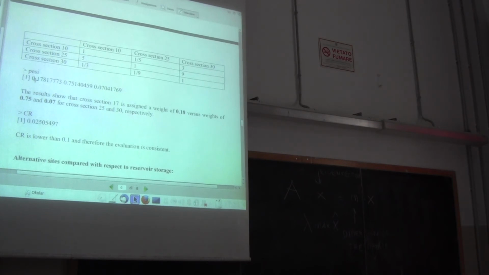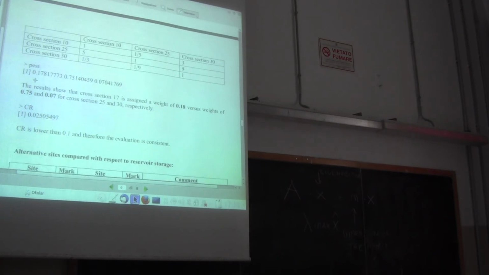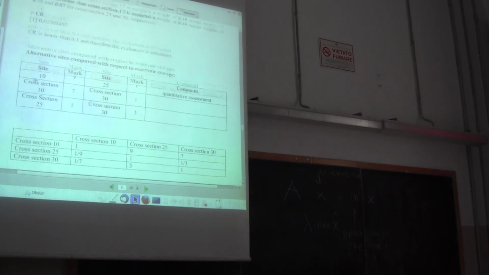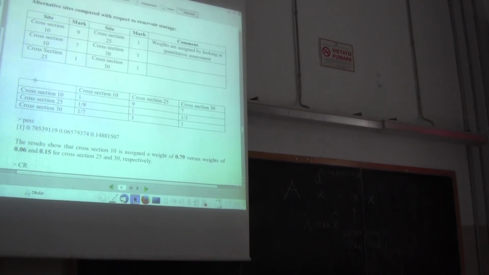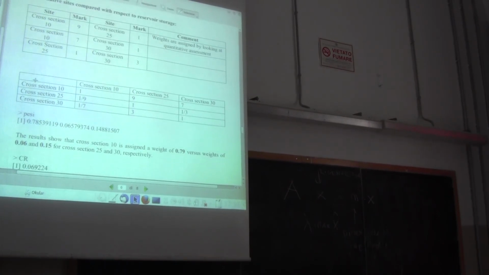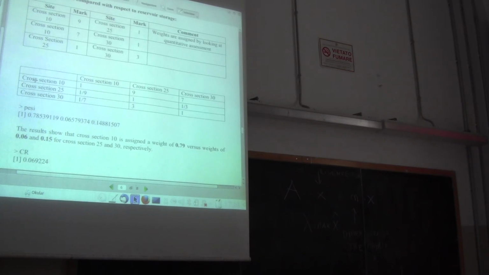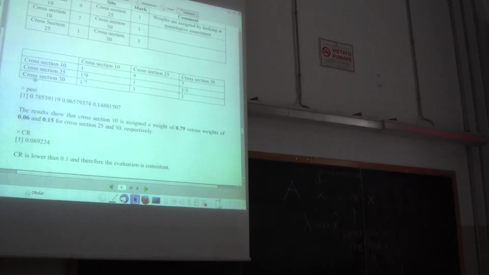Okay, now let's look at the storage. And if you look at the storage, this is the matrix. And then the weights are: cross-section 10, which is the one that has the highest storage, is given a weight of 0.79. And then the other two cross-sections have 0.06 and 0.15. Again, the evaluation is consistent.